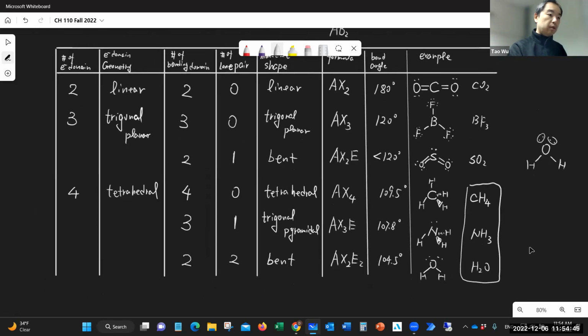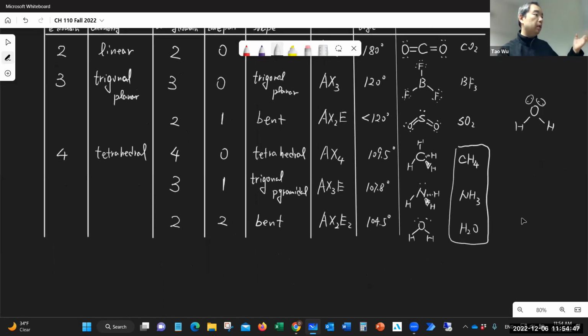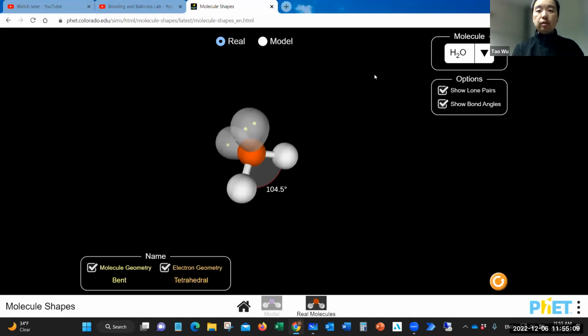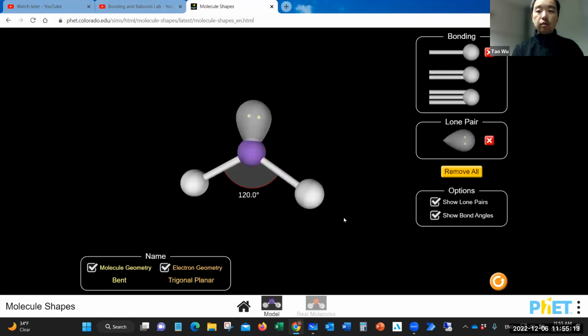All right, so generally we talk about 2 electron domains, 3 electron domains, 4 electron domains. And you may ask, could we have 3 lone pairs, if we have just 1 bonding domain? That could be, but the shape is just linear. Let's go back and look at this.